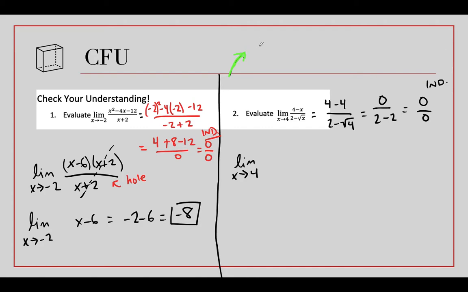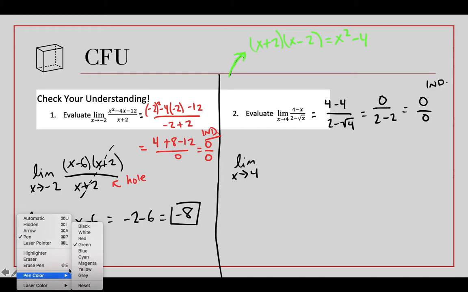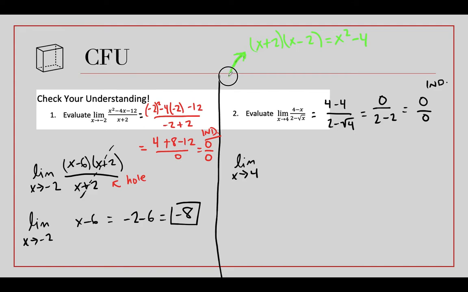So perfect squares are like when I have x plus 2 times x minus 2, I get x squared minus 4. It's kind of hard to see. Let me see if I can do a different color. Magenta. Okay, that's a nice purple. (x plus 2)(x minus 2) equals x squared minus 4.